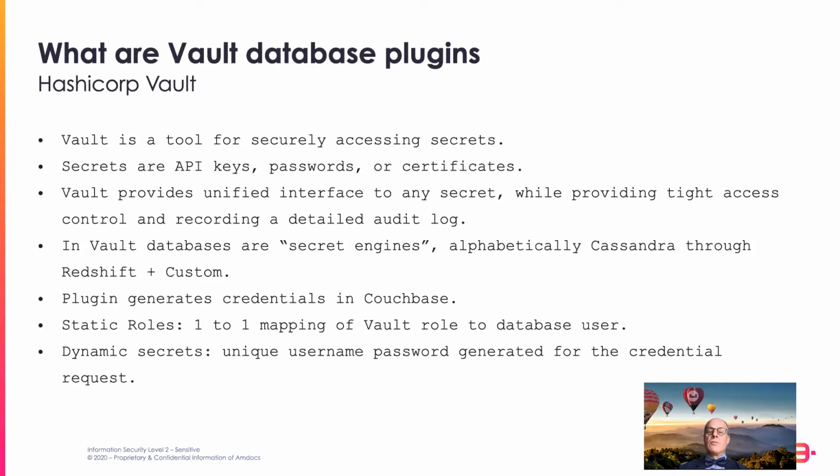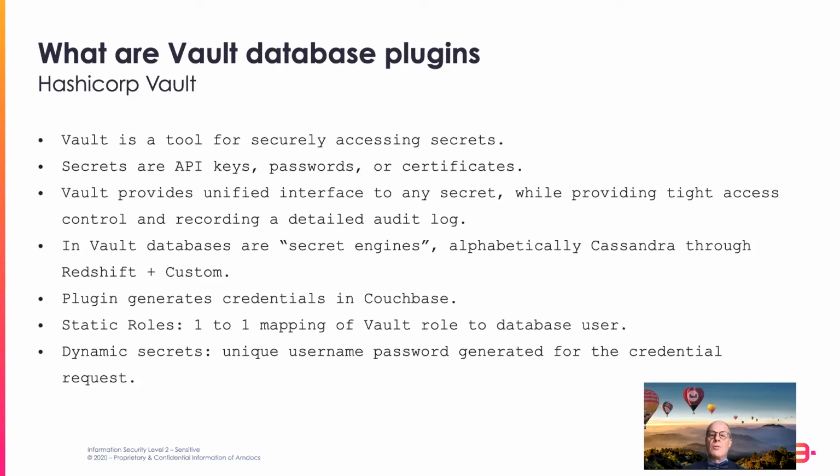Vault has a concept of secret engines, and databases are grouped together as a subset of those. Plugins existed for 10 or so popular databases from Cassandra through to Redshift, plus a custom database plugin mechanism or SDK.